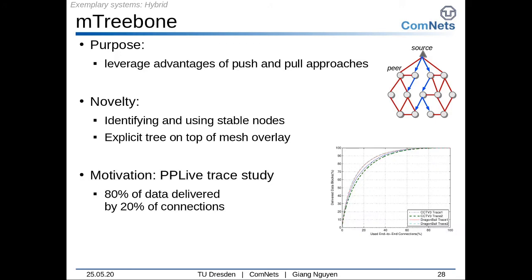The motivation for this kind of design comes from the measurement of a running peer-to-peer video streaming system, PPLive. In this plot, the x-axis is the percentage of the end-to-end connections, and the y-axis is the percentage of the video packets delivered.